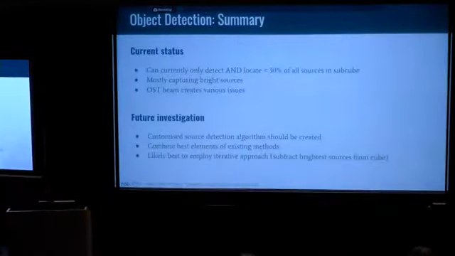So in summary, for the source detection, I think maybe each of these methods does have some prospects, but overall it's not really finding a good sample of the sources. I think the future of doing this and the way forward is to maybe take certain parts of these methods and combine them.